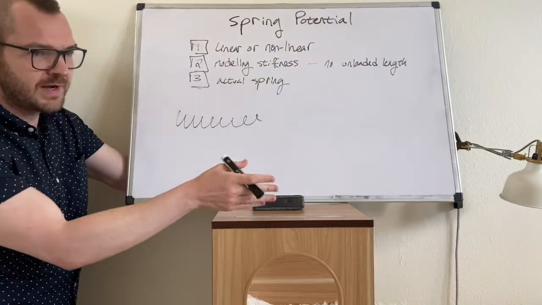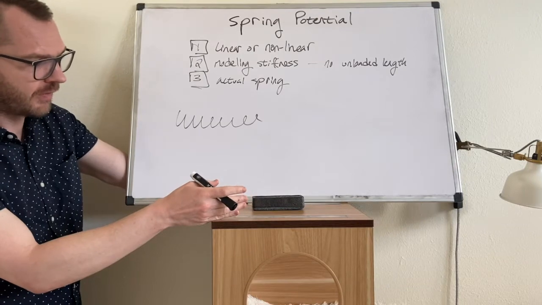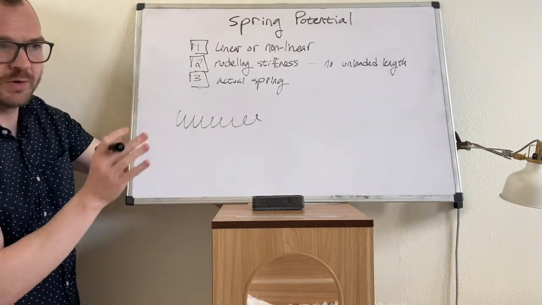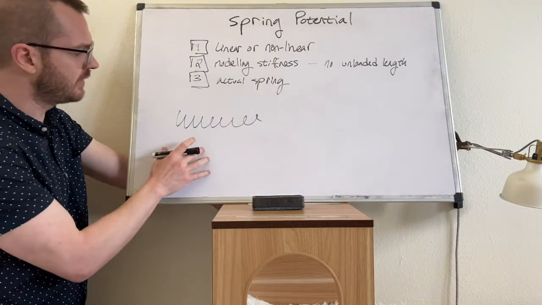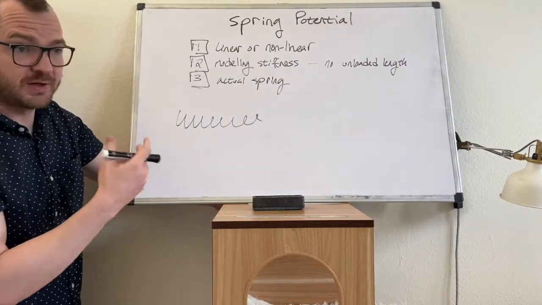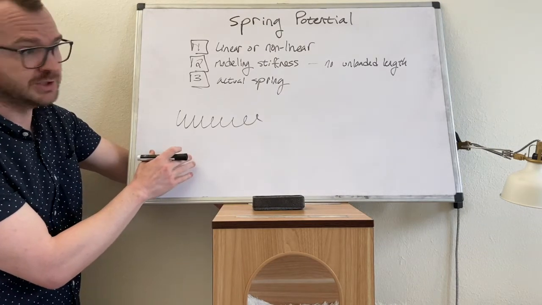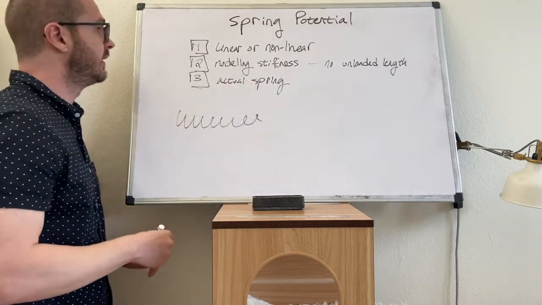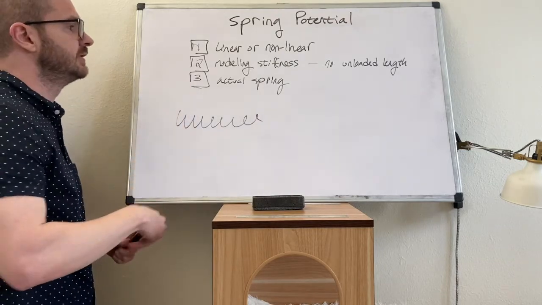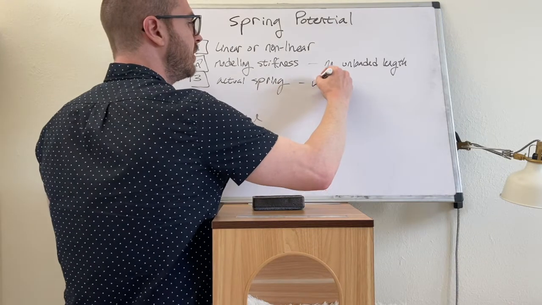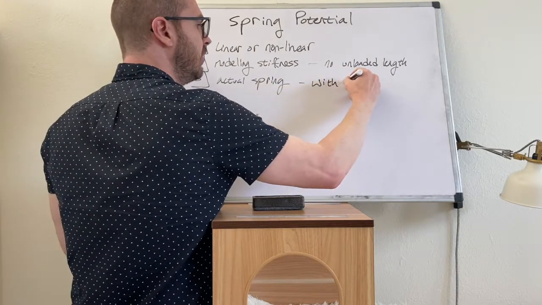If I had an actual spring on the table in front of me and I wasn't applying a force to it, it would have a standard length at which it would be at rest. And that's called the unloaded length. If the spring is unloaded, if there's no forces applied to it, then it does not store any energy. So we have this third consideration: what if we're modeling an actual spring with an unloaded length?